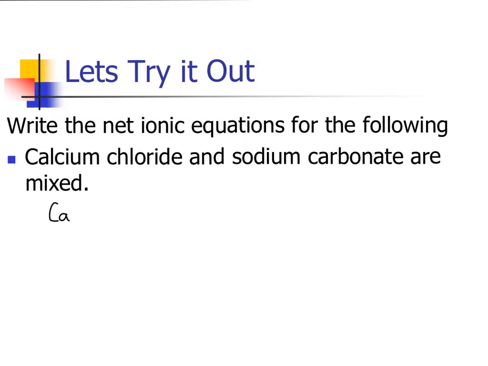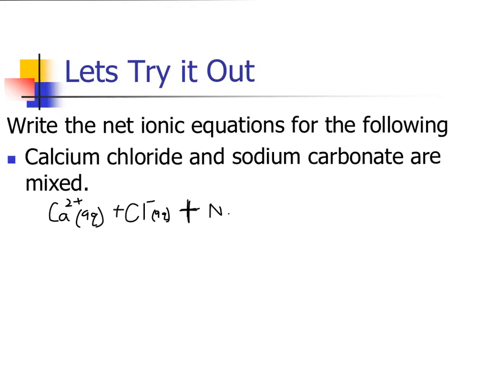And so we'll have calcium. If I look on my periodic table, that's where I get that. We know it's an aqueous solution, plus the chloride ion, which will also be aqueous. Plus, I usually try to have a bigger plus between the compounds, so we can see where that comes from.